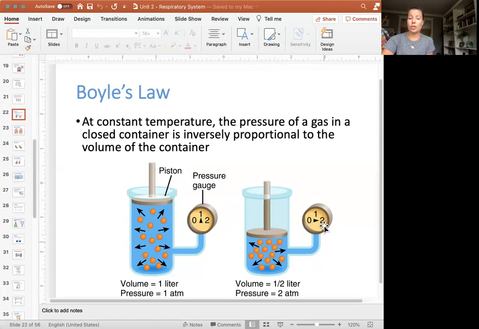You can see now the pressure is at a 2. So there's an opposite relationship between volume and pressure. When volume increases, pressure decreases. And the opposite is true. When volume decreases, pressure increases. That law determines the movement of air in and out of the lungs.